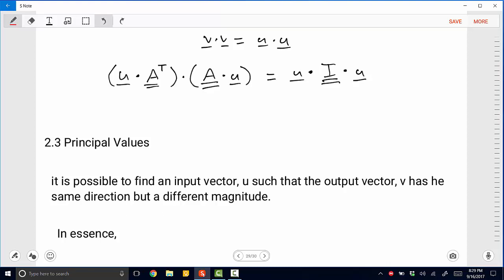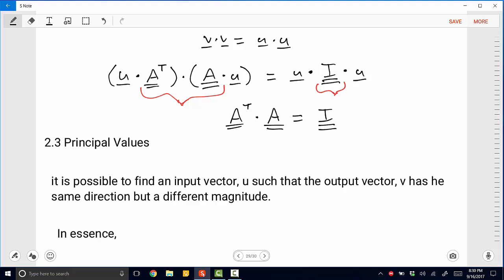Knowing that the brackets are not necessary, and knowing that if both sides are to be equal, we could use any vector u in this equation and produce the same relationship, well, then we can pull out our tensors here. And we'll find that the transpose of A dot product A is equal to our identity. So if we have an orthogonal tensor, this relationship here must be true, right?